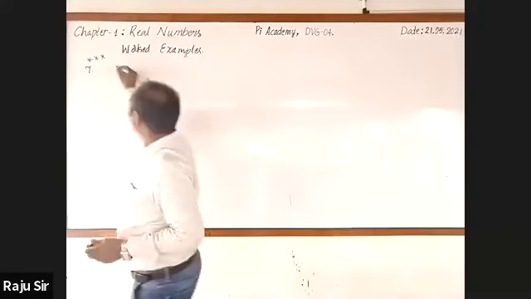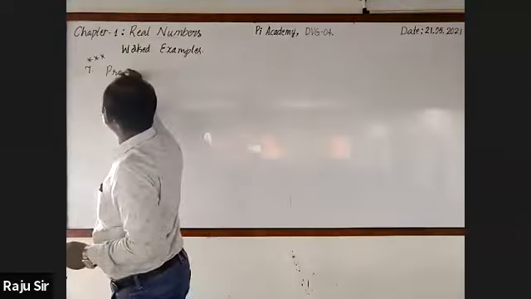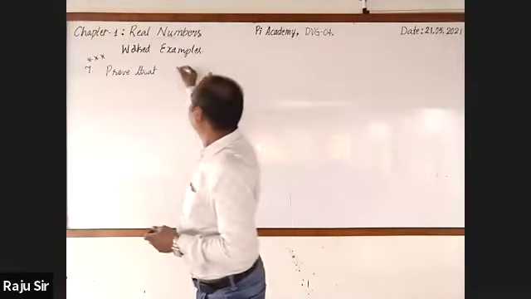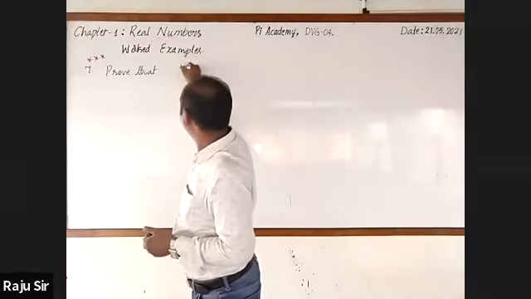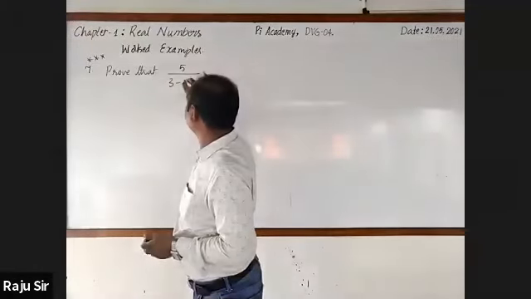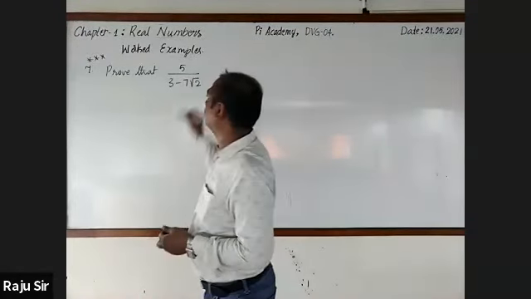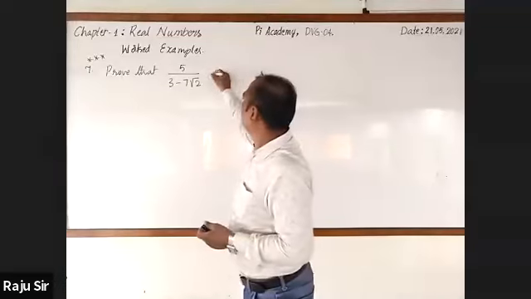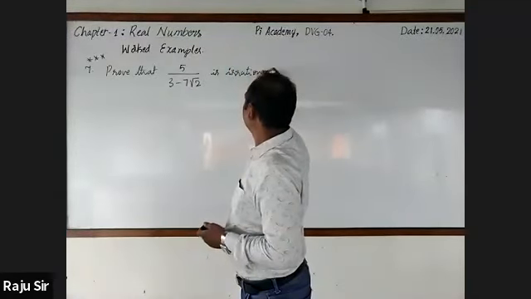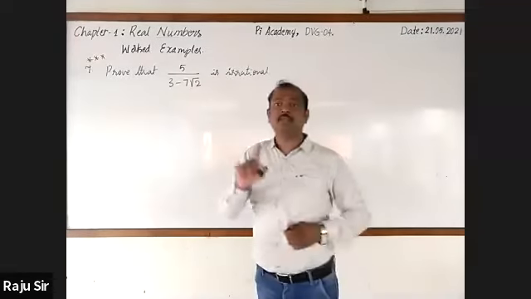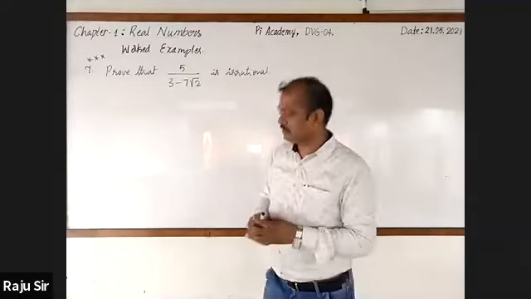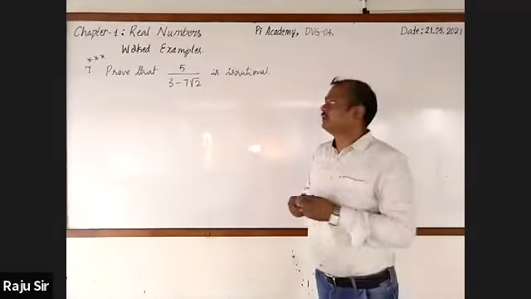Prove that 5 by 3 minus 7 into root 2 is irrational. It was also given in the examination for 2 marks. Please do remember. Let's go for proving this.